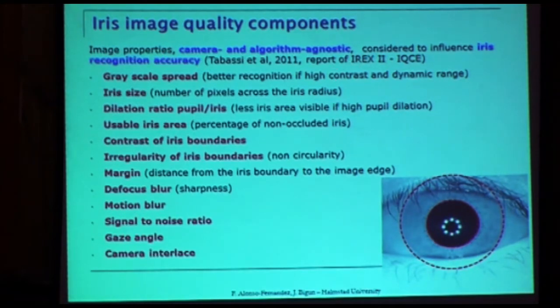This work is motivated by the IREX II evaluation in 2011, where they presented several image properties, camera and algorithm agnostic, considered to influence iris recognition accuracy.